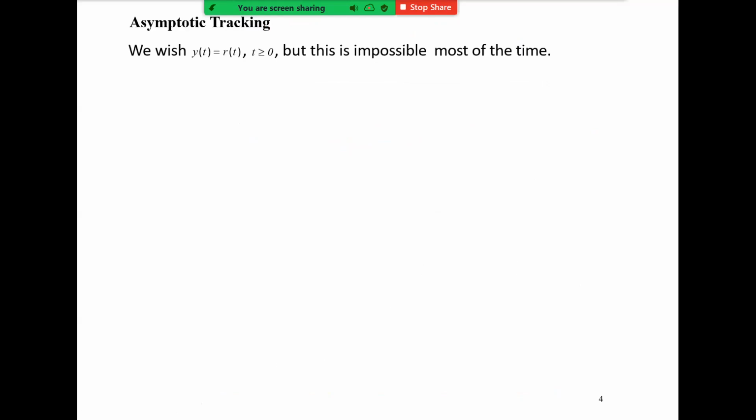Of course, the ideal situation is that we can make the output follow the desired one, equal to R, at every time instant. But that is too ideal. Normally, in many situations, it is impossible unless you have perfect information.